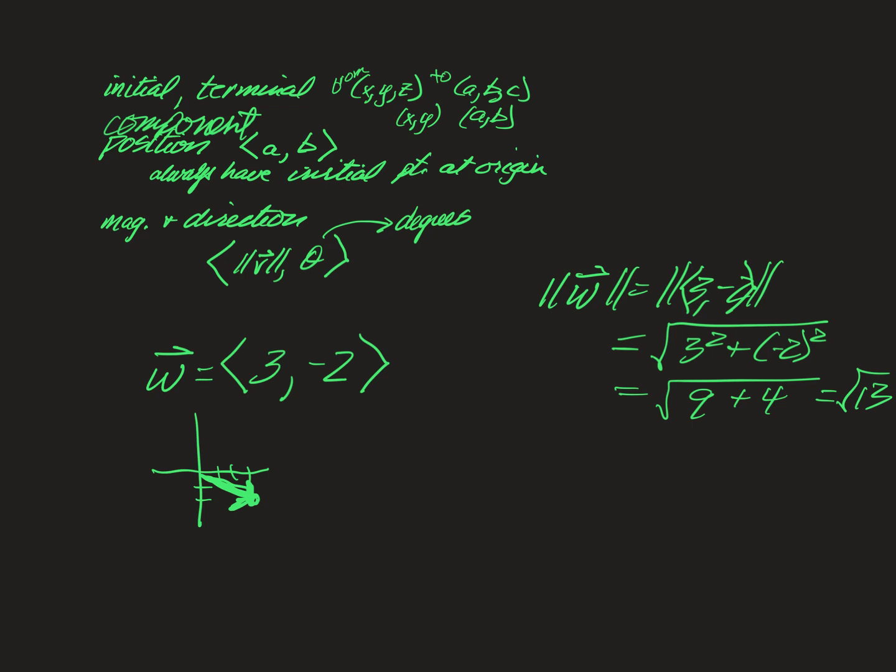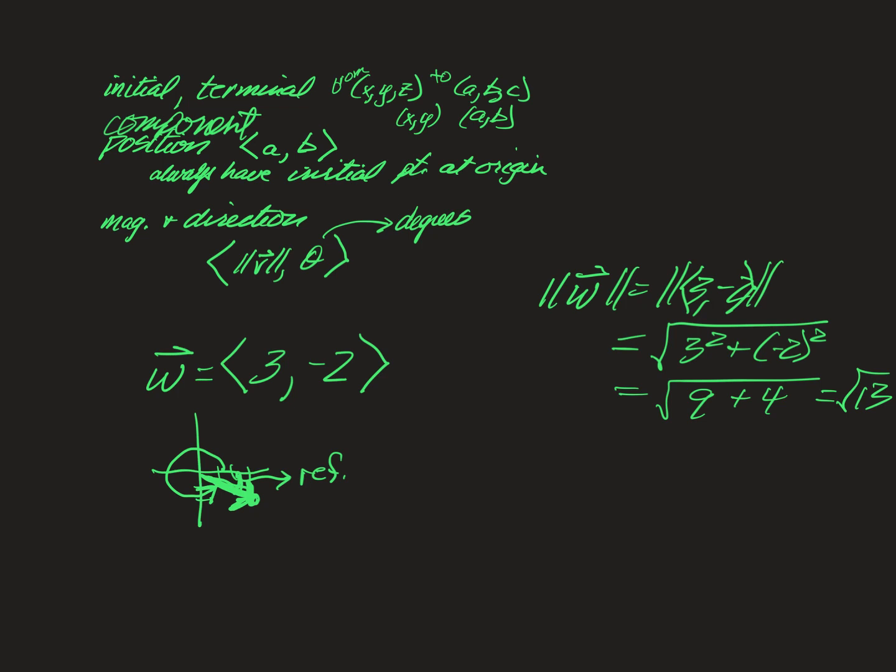And the angle is always going to be the angle counterclockwise going around, okay? And we may need to use a reference angle. Remember, good old reference angles to help us find that. And so we're going to do that.